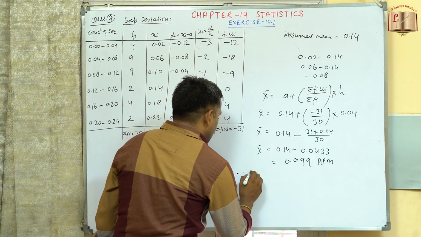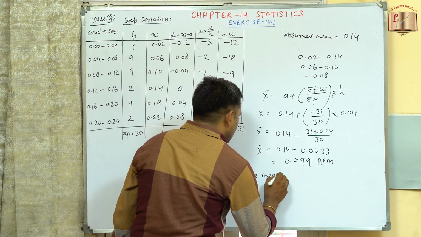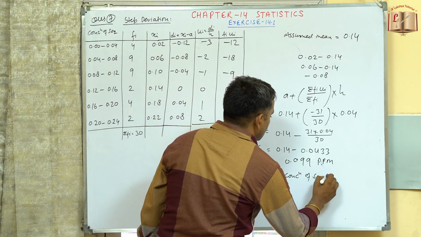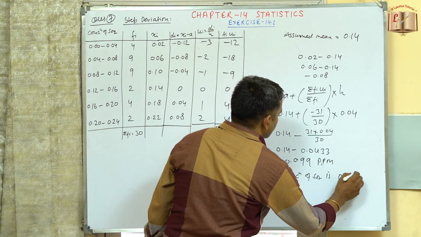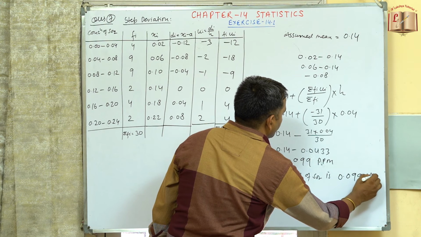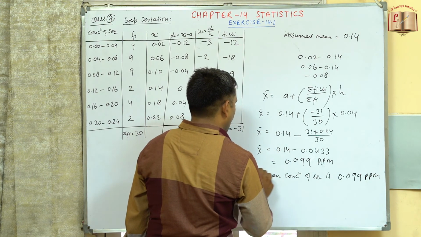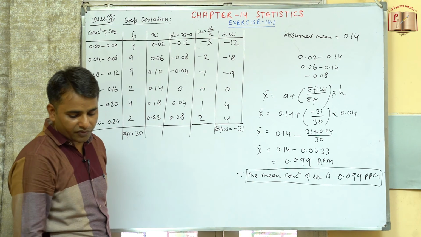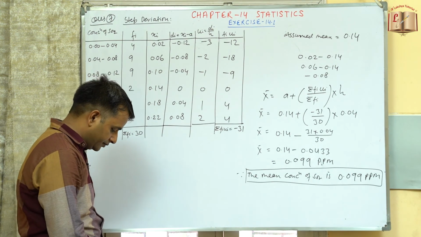So we can write the mean concentration of SO2 is 0.099 ppm. So this is the mean concentration of SO2 in the air.